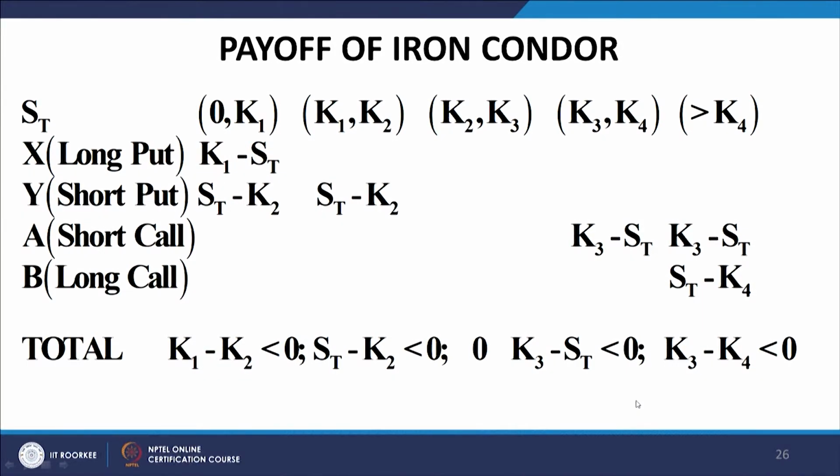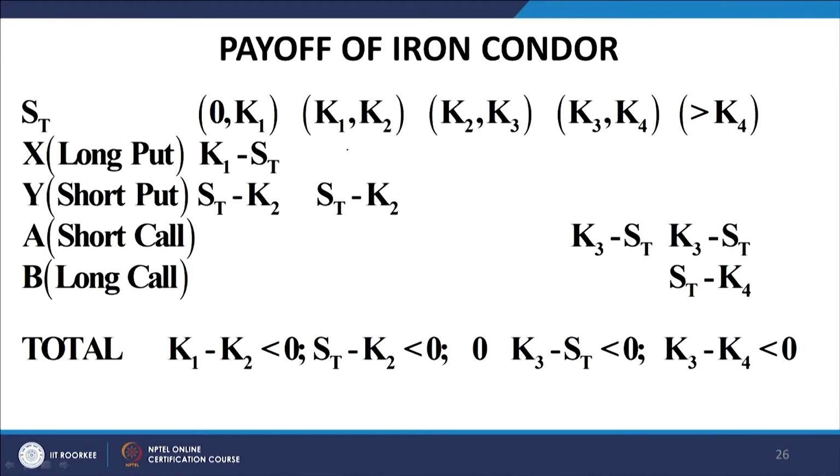As far as Y is concerned, it will be exercised in both the next two cases. Why? Because if the stock price is lower than the strike price, the option will be exercised, and what I will get is ST minus K2 here, and again if the price is between K1 and K2, I will get ST minus K2.